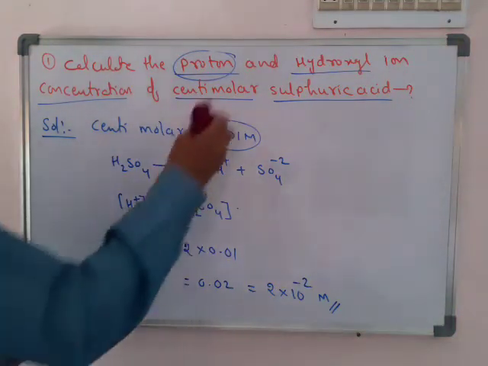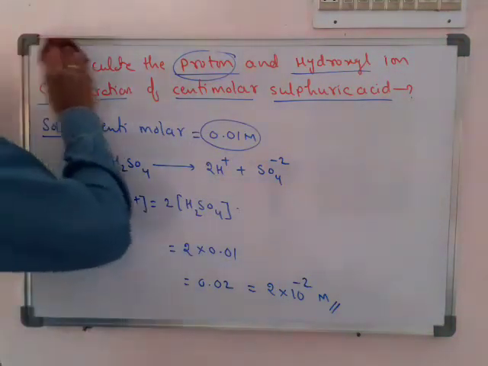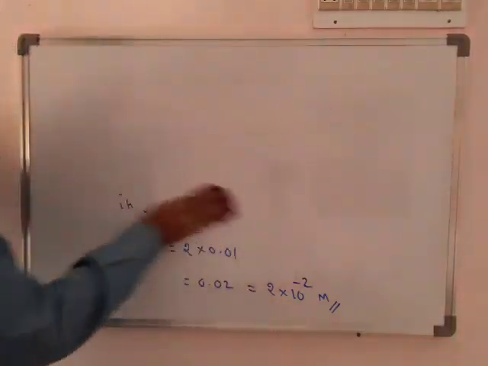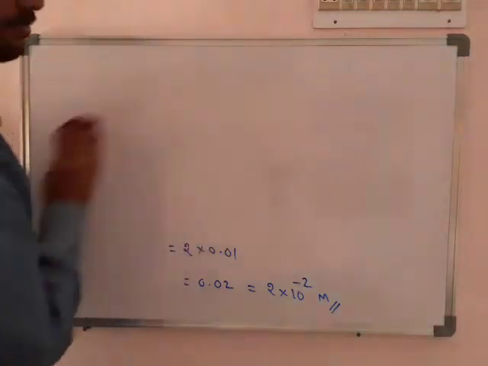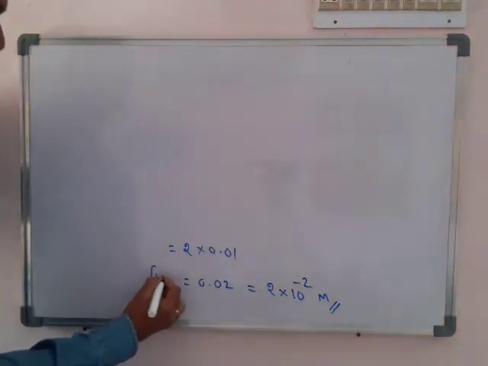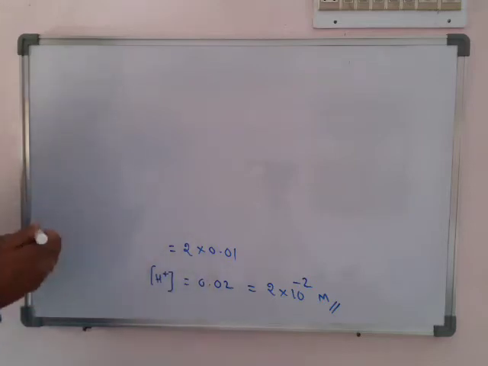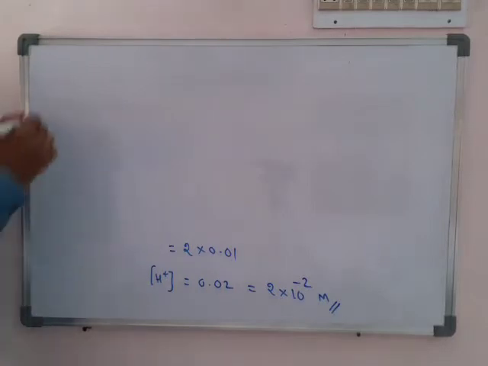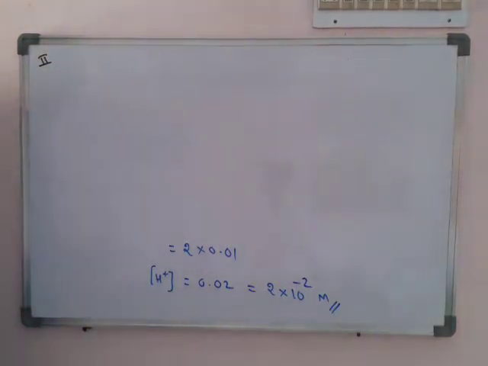Next we have to calculate the hydroxyl OH minus. We got H plus equal to 2 into 10 power minus 2. Now in the second step, we calculate the OH minus concentration.